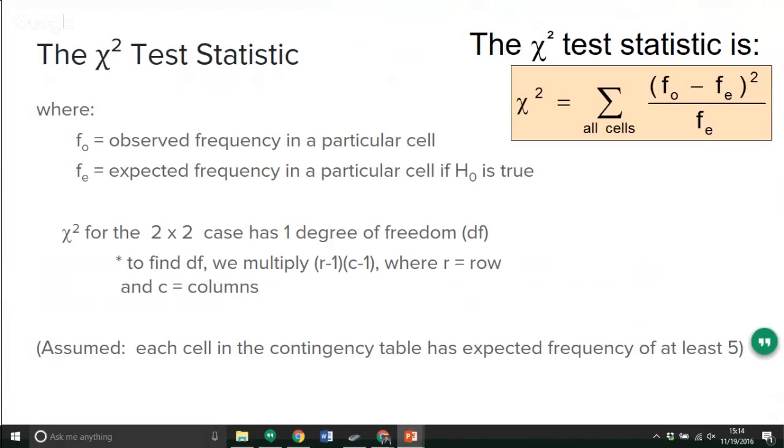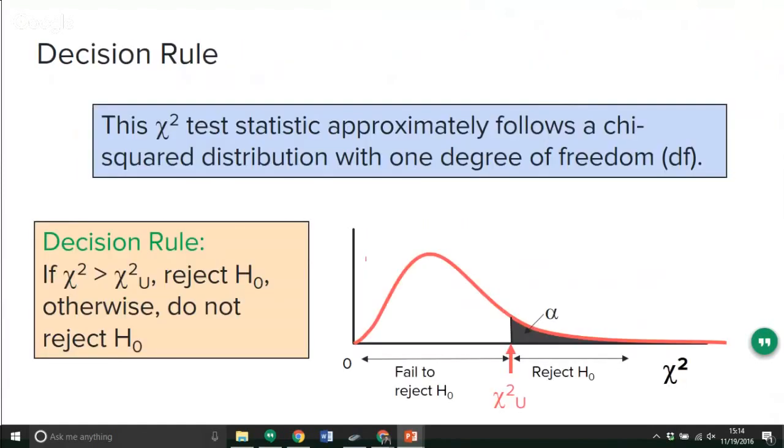So again, I pitched this in terms of the null hypothesis, and SPSS will make this easier because we can look at this in terms of the alternate hypothesis and in terms of p-values or significance values. And again, if p is less than 0.05, then we would say that the test is significant.